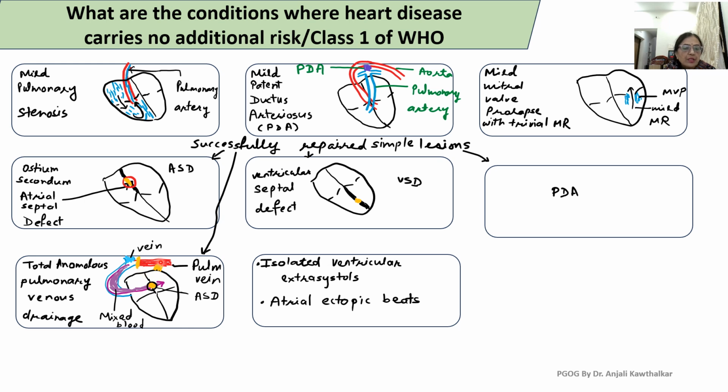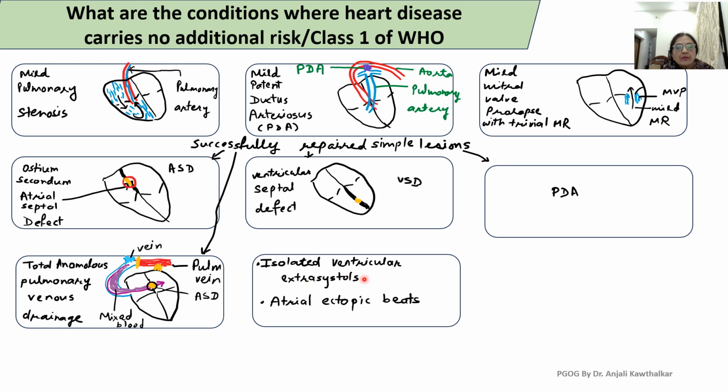So if this is surgically corrected, the connection between the pulmonary vein and left atrium is created surgically, so that there is no mixed blood going to the heart. These are the cases where the prognosis is very good. So these are the successfully repaired simple lesions: ASD, VSD, PDA, and total anomalous pulmonary venous drainage. All of these belong to class 1, with no additional risk to the maternal life.